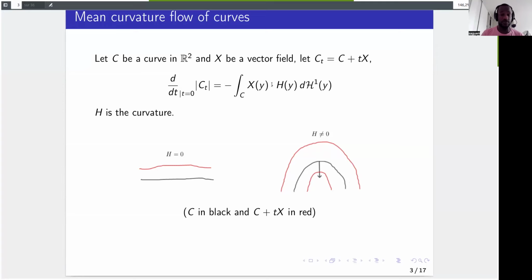So in this formula, if I take X going down, the scalar product is positive, so with the minus sign the change is negative. And the same if we go up: the scalar product is negative, so the change of the perimeter is positive. So we increase it.